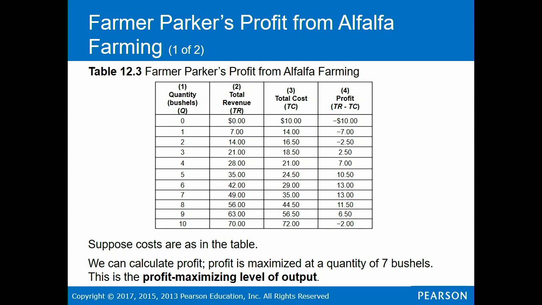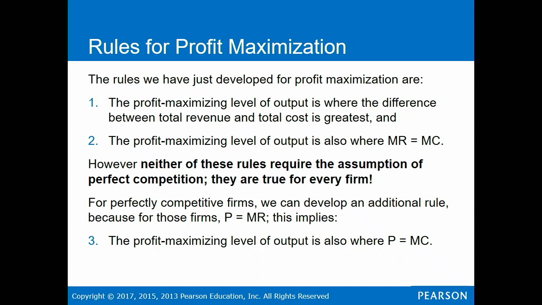That's going to be, in this case, let's call it the same market, 7 units. So the profit maximizing level of output is where the difference between the total revenue and the total cost is greatest. By definition, that's profit. And it's going to be where the marginal revenue equals the marginal cost.